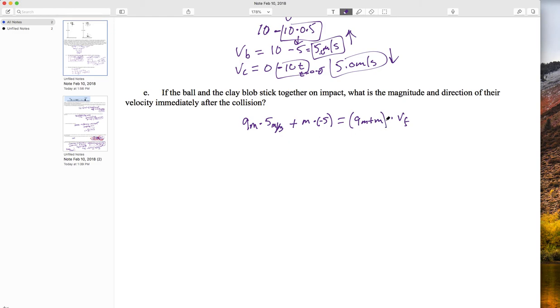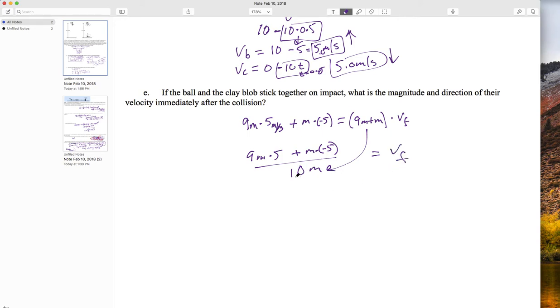To find the vf, all I have to do is divide by this value. So I have 9m times 5 plus m times negative 5 divided by 10m, which is that value, and that equals vf.